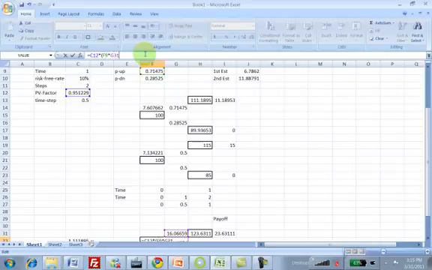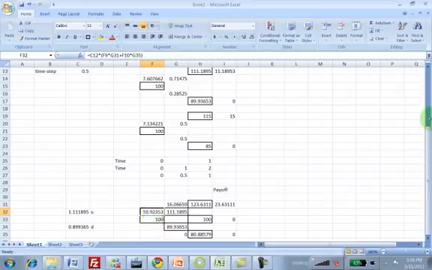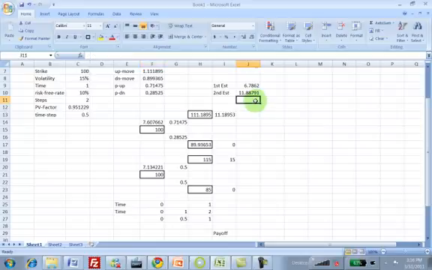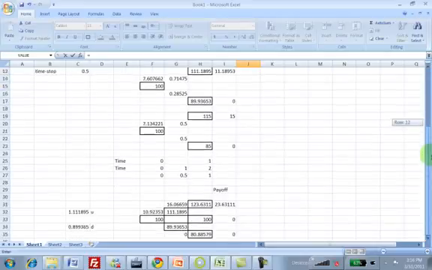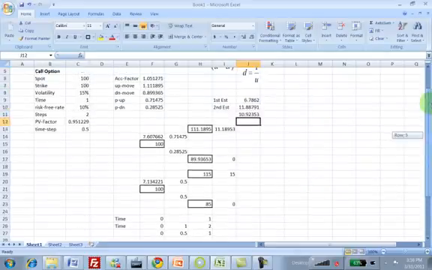Plus the probability of a down move into the payoff for a down move, which is here, bracket close, and the answer that I get is 10.92353. So you compare this answer with the numbers that we calculated initially. Our first estimate was 6.7862, our second was 11.88791, our third estimate using a two-step tree is 10.92353.